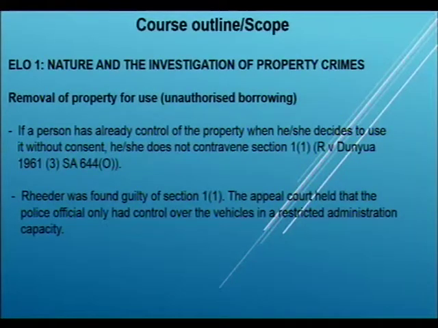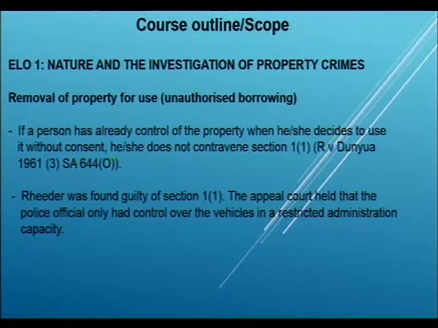If a person already has control of the property when he or she decides to use it without consent, he or she does not contravene Section 1, subsection 1.